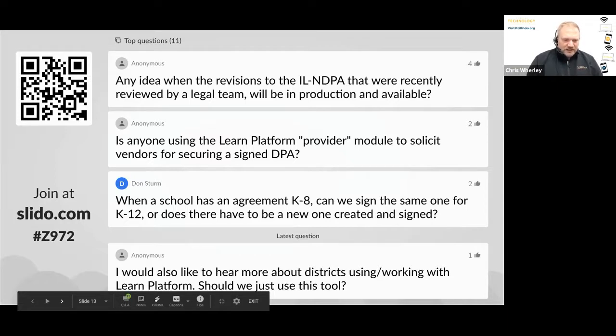And then as we try to get to version 2 of the Illinois section of it, we'll transition to that, and any new agreements will be done with that document.